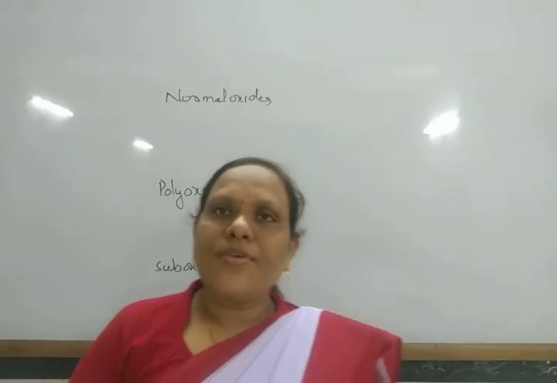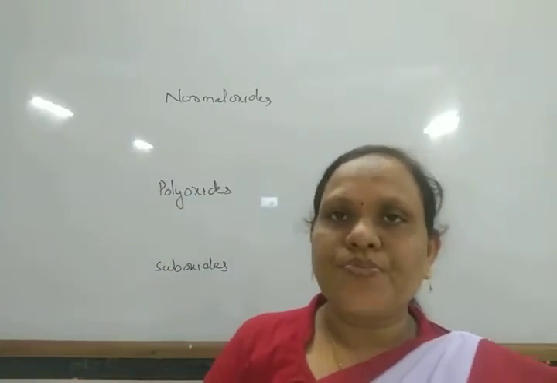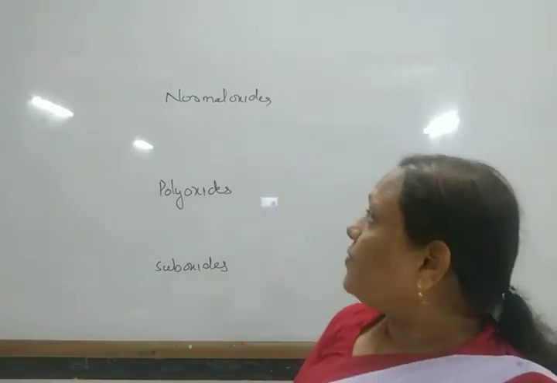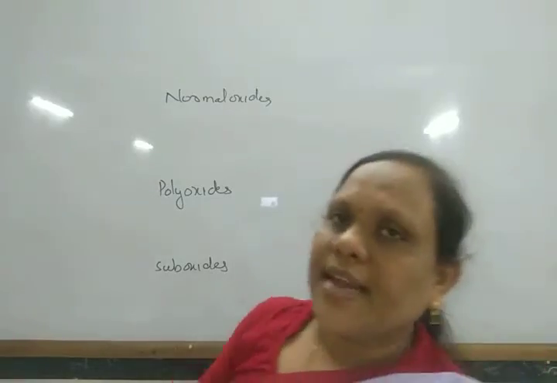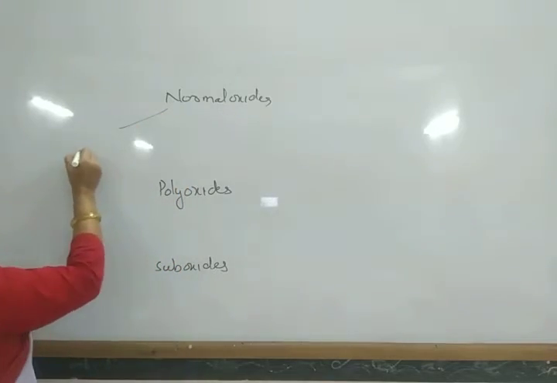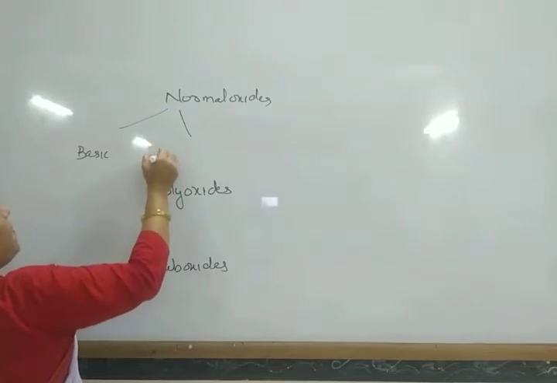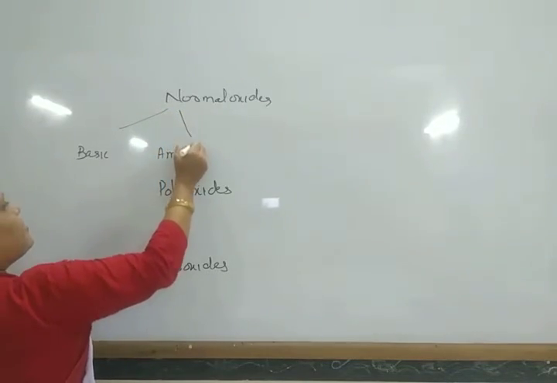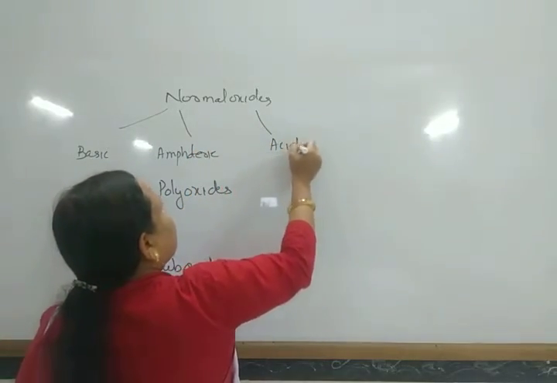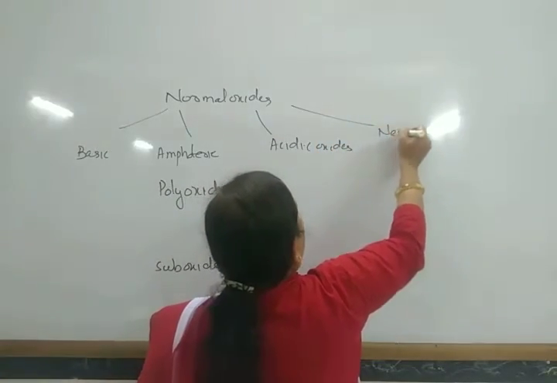Normal oxides are those where oxygen has the oxidation number -2 and the elements show their normal valency, and these normal oxides are again classified into different types like basic oxides, amphoteric oxides, acidic oxides, and neutral oxides.